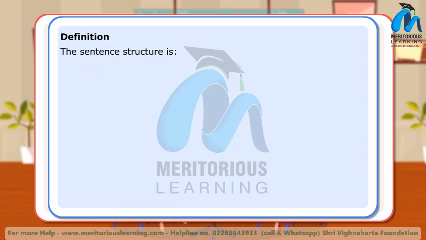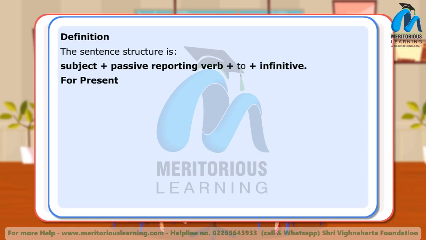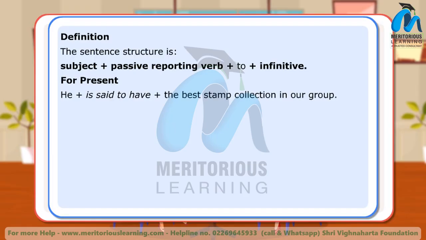The sentence structure is subject plus passive reporting verb plus to plus infinitive. For present: he is said to have the best stamp collection in our group. They are believed to be friends since long.